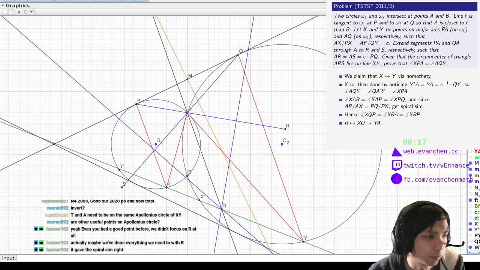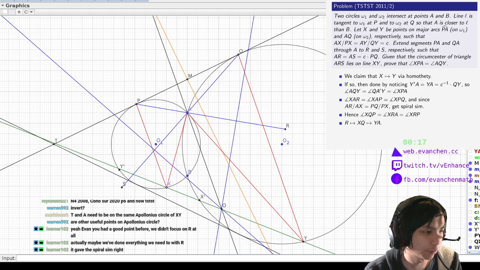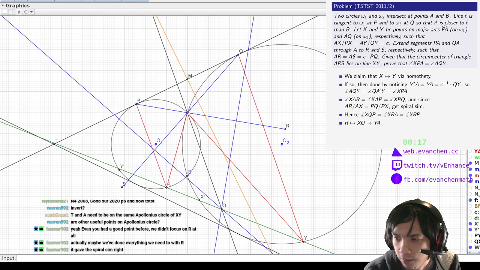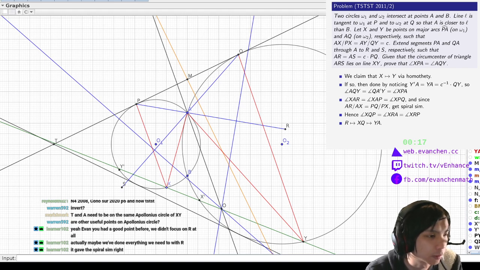So if I compose the two spiral sims, it sends R to A, and it sends A to S. Maybe? Okay, wait, actually, where does A go under the spiral sim at X? At Y?